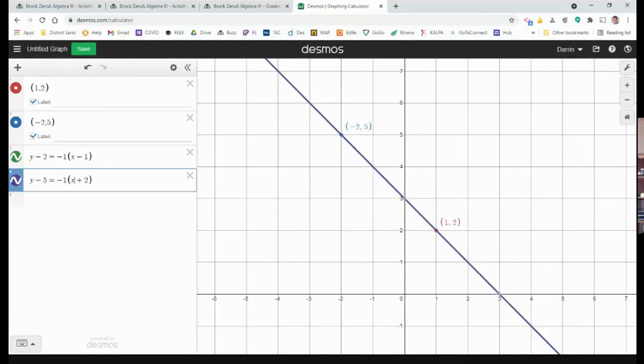And this plus 2, we said, is actually minus a negative 2. Well, you can write it as minus a negative 2 if you want to. It's still the same line. But simplifying, x minus negative 2 is just x plus 2. So when we graph that, we see that it absolutely does create a line that goes through those 2 points using either point.